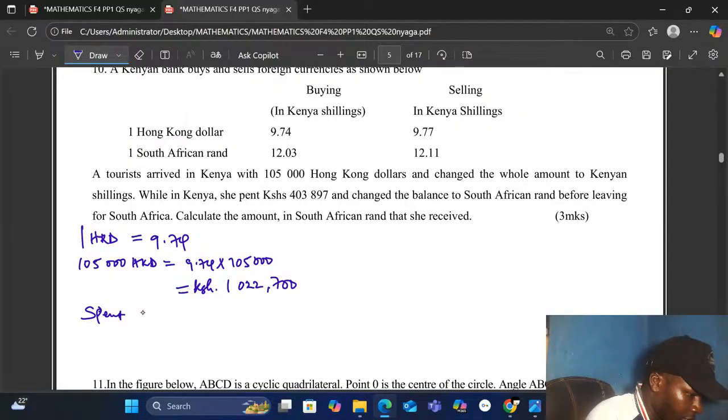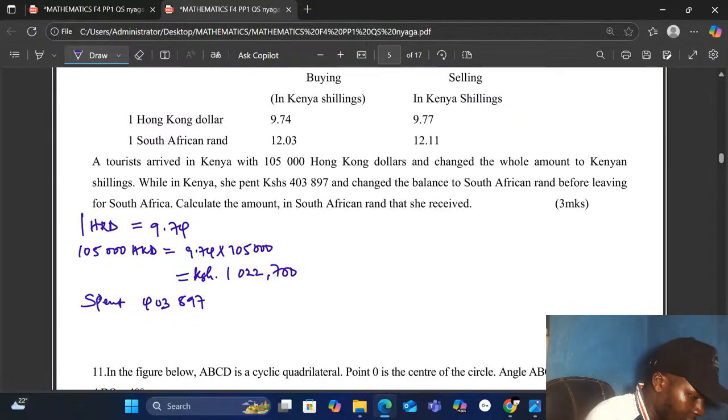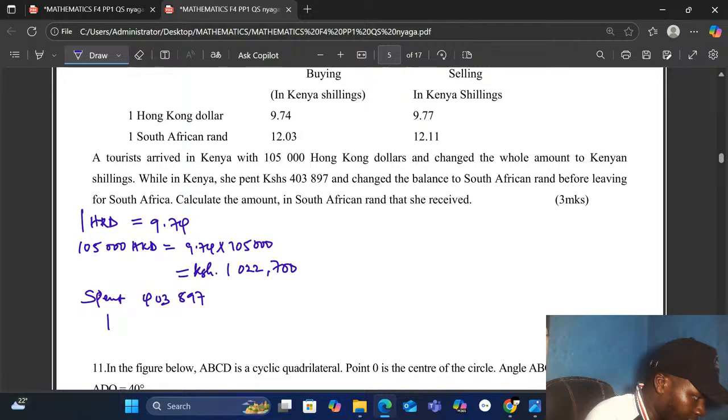Now this tourist, she spent 403,899. Therefore the balance that she was left with will be now 1,000,000 minus 403,897. So the balance she remained with in Kenyan shillings is now, sorry, 618,803.